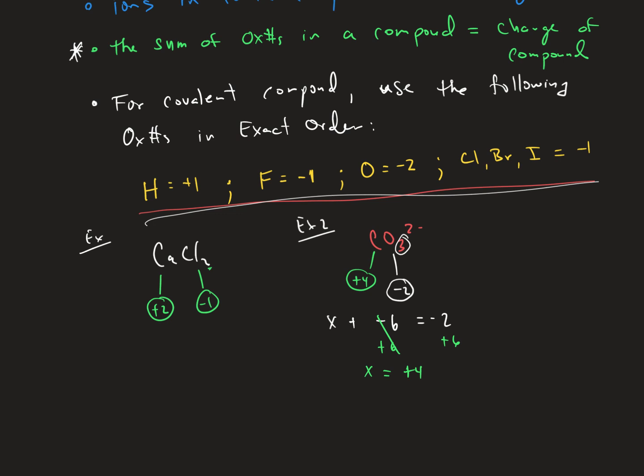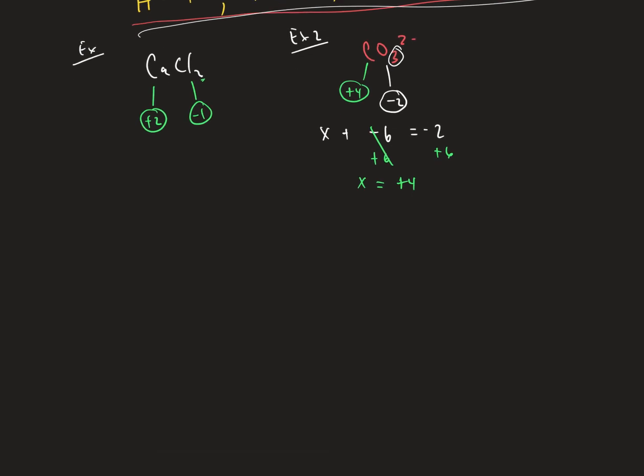Now, in general, I'm not going to give you a compound and say find the oxidation numbers. What I will give you is a reaction. I might say, what kind of reaction is this? If it's not double replacement, then you have to check to see if it really is oxidation reduction. And I'll give you an example where it's neither. Okay, here we go.